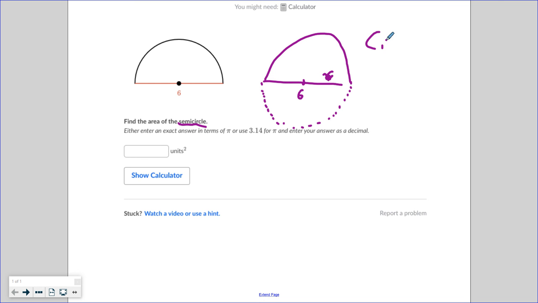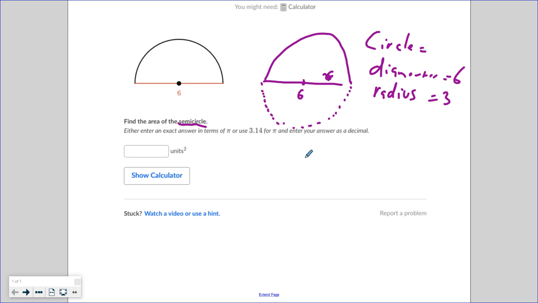This is a circle with a diameter equal to 6 units, which means that the radius of this circle is equal to 3 units, right? So we have a circle with a radius of 3 units here.